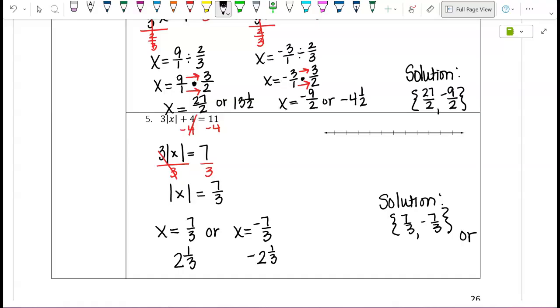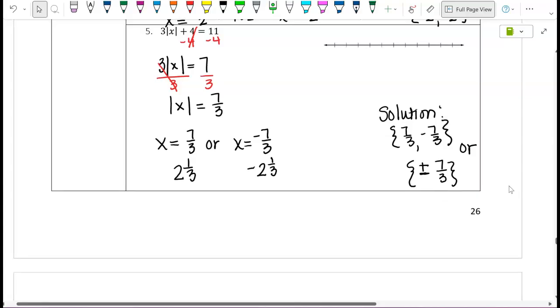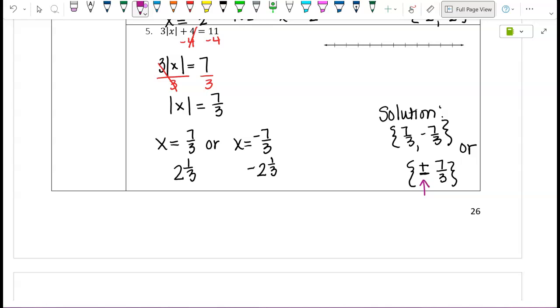Now, there is another way to write this because they are the same number, just positive and negative of the same thing. Sometimes you'll see solution set, and then they will stack the plus and minus underneath each other, and then just write the 7/3 there. So those two solution sets are saying the same thing because this plus minus here reads as plus or minus.